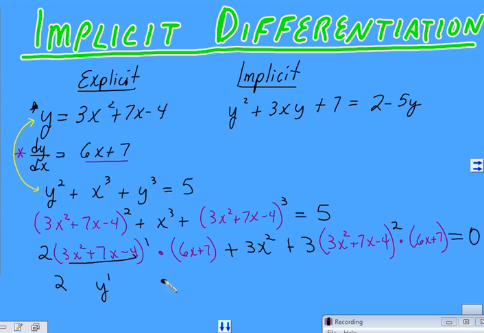It's what we defined up here to be dy over dx. So I am going to change that 6x plus 7 into dy over dx. Okay, then I still have plus 3x squared plus 3. Once again, the trinomial is y, so I have 3y squared here, times 6x plus 7 was the derivative, and that is equal to 0.